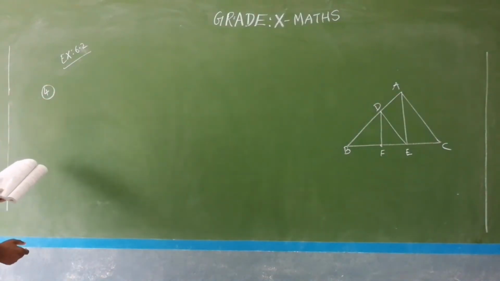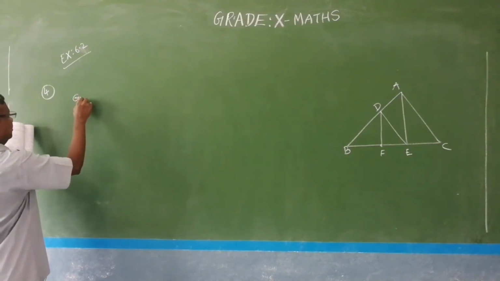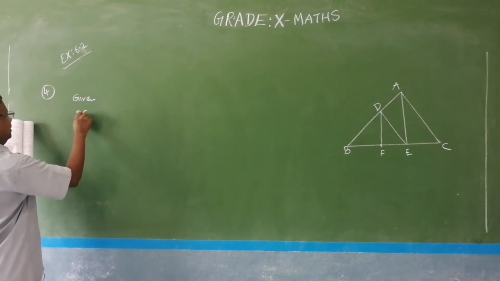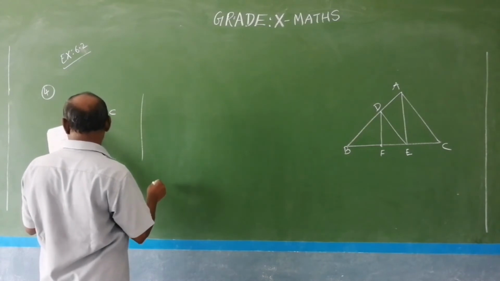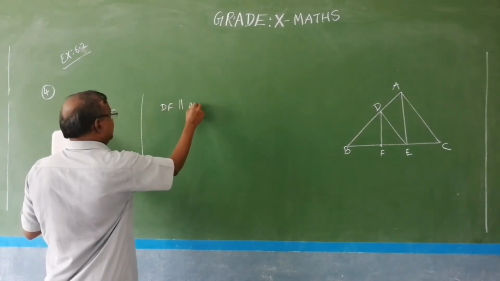So in the diagram 6.19 they are given DE parallel to AC. Again also they are given DF parallel to AE.